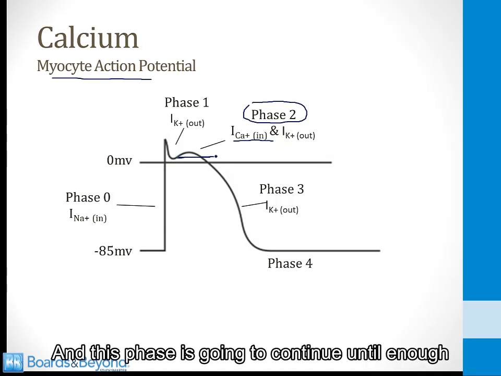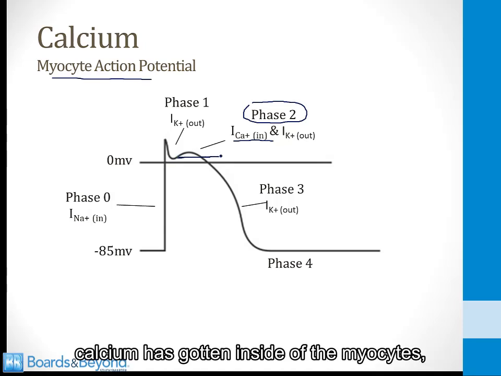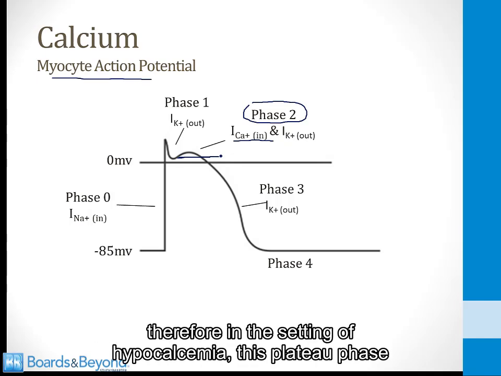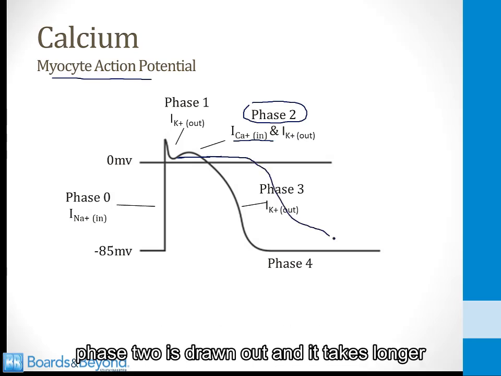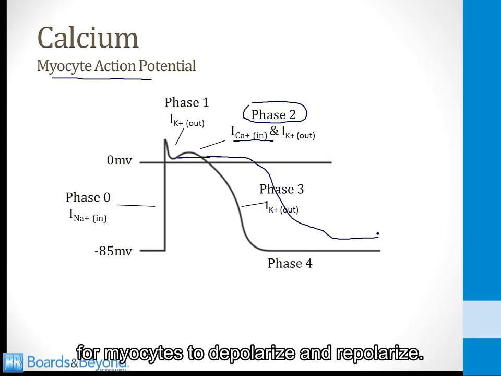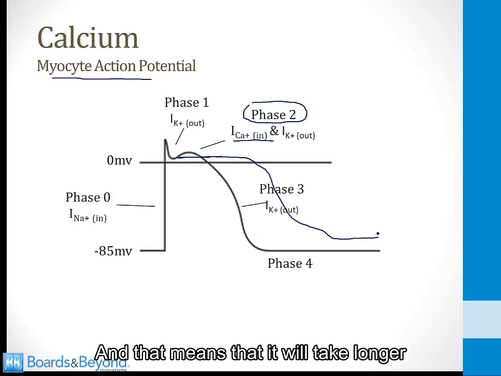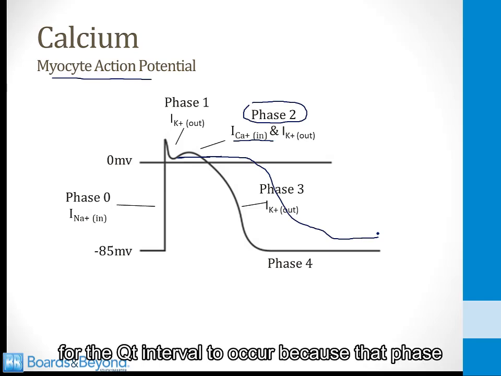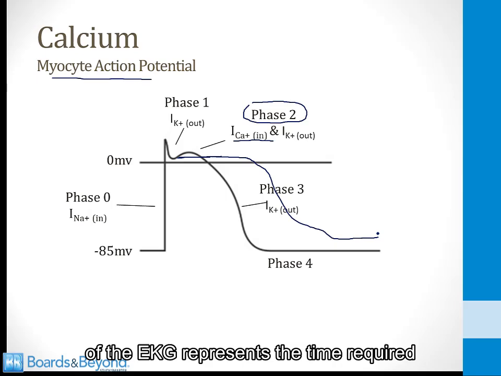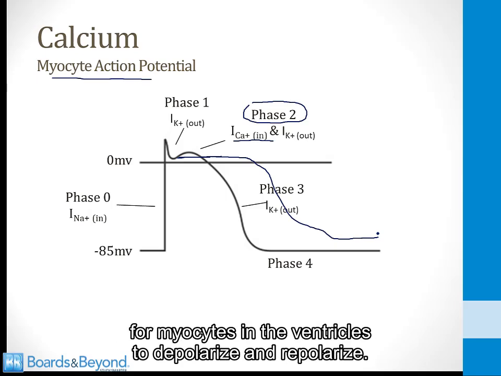And this phase is going to continue until enough calcium has gotten inside of the myocytes. Therefore, in the setting of hypocalcemia, this plateau phase, phase 2, is drawn out, and it takes longer for myocytes to depolarize and repolarize. And that means that it will take longer for the QT interval to occur, because that phase of the EKG represents the time required for myocytes in the ventricles to depolarize and repolarize.